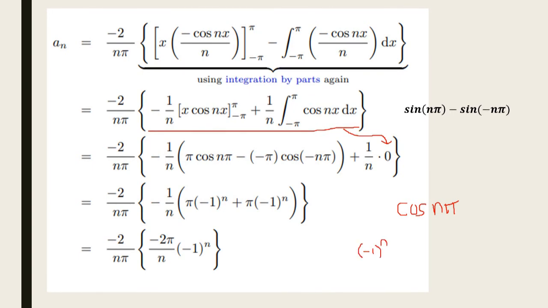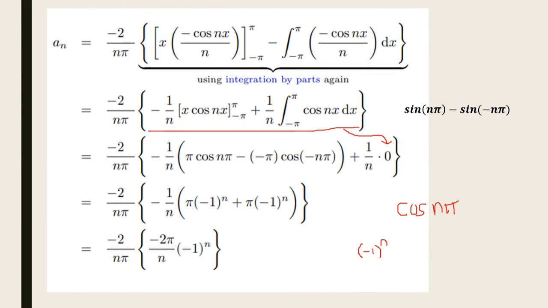It's just the same pattern, so it is just substituted as that. Simplified from cosine n pi, we have negative 1 raised to n. And I need to also note that it's just the same for negative n pi. Why?